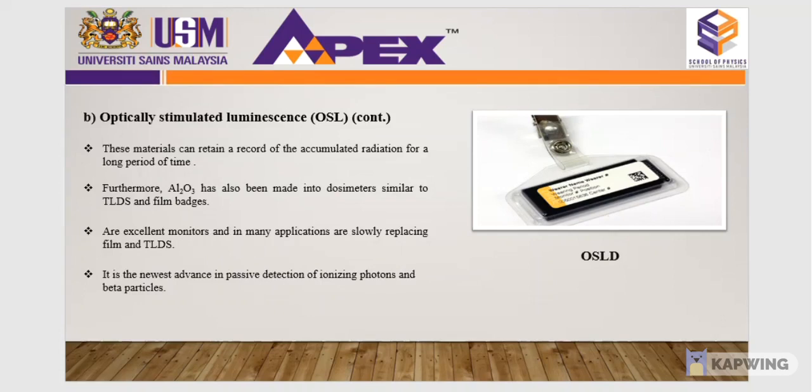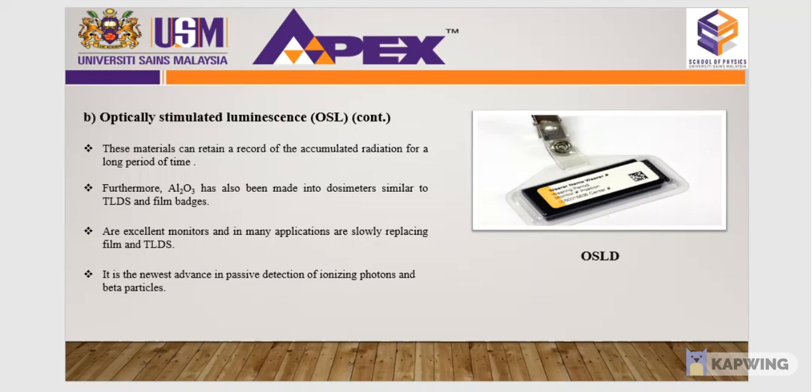Slide 7 is a continuation of slide 6 for the second type of luminescence dosimeter, which is the OSL. This material can retain and record accumulated radiation for a long period of time.